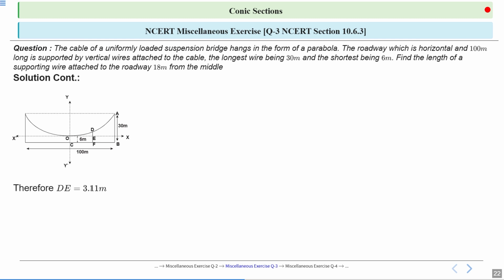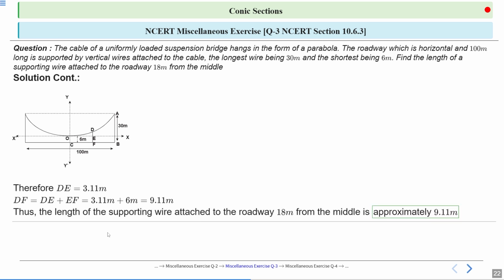Therefore, DE is 3.11 meter and DF is basically DE plus EF, and EF is 6 meter. So DF is equal to 3.11 meter plus 6 meter is equal to 9.11 meter. Thus, the length of the supporting wire attached to the roadway 18 meter from the middle is approximately 9.11 meter.